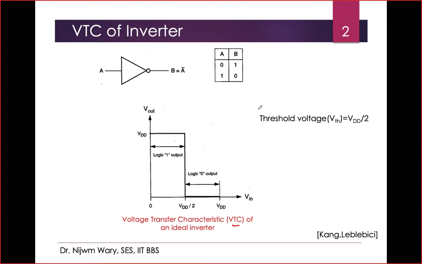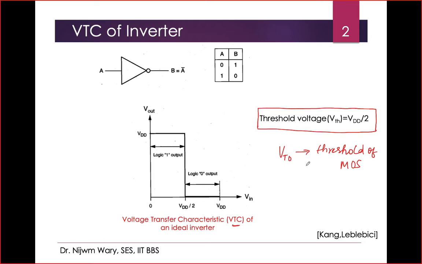Here the important definition is the threshold voltage of an inverter. Note that this threshold of an inverter is different than the threshold of the MOSFET. So we'll use different notation. Generally VTH is used for the threshold of the inverter, and we'll try to use VT0 for the threshold of MOS.